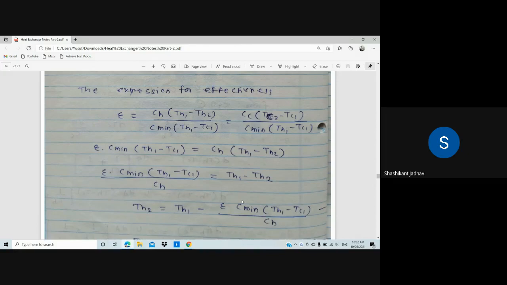For the cold fluid, it is CC into bracket TC2 minus TC1, divided by C minimum into TH1 minus TC1.